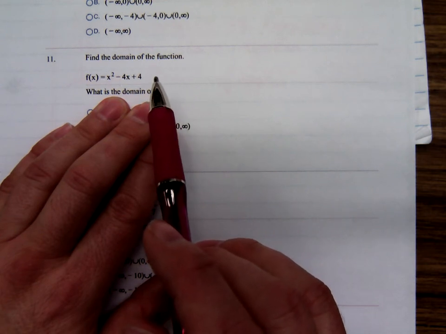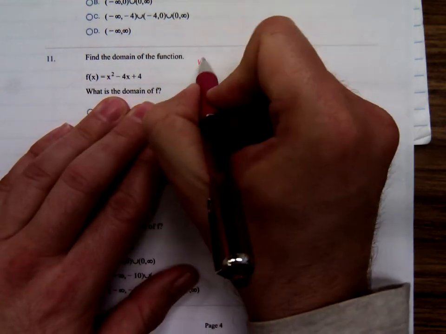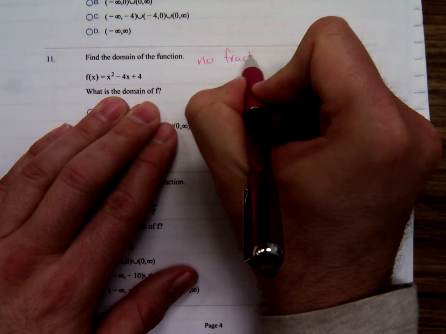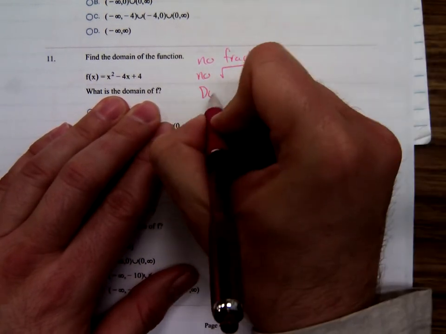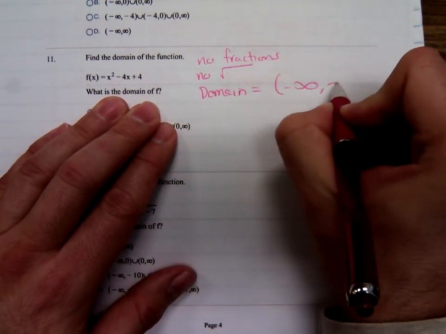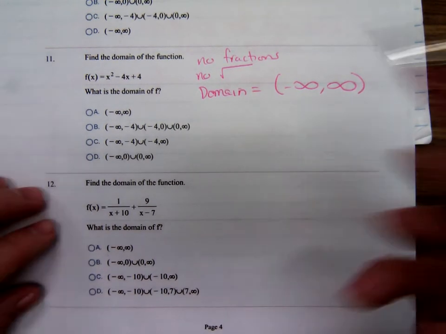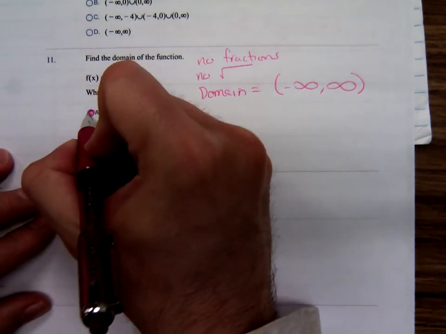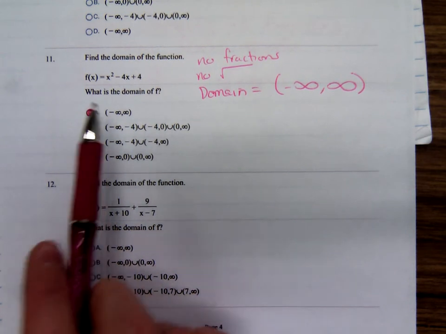Here, if there's no fractions and no square roots, the domain is just all real numbers. So I think everyone's number 11 is going to be like this, where there's no fractions and no square roots. But rather than just thinking, okay, number 11 is all real numbers, you think no fractions, no square roots, all real numbers.